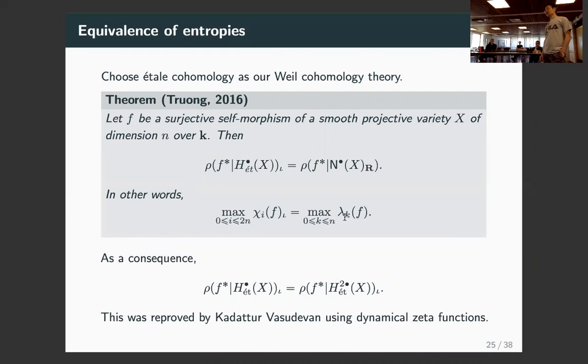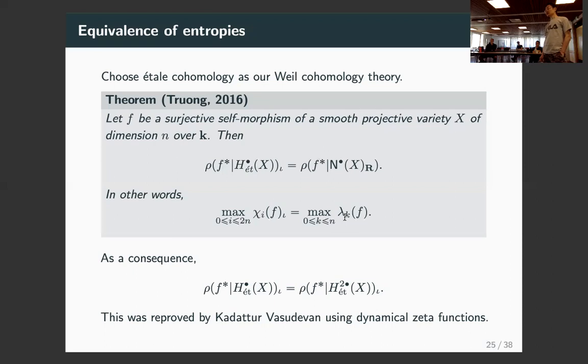He proved that the spectral radius of the pullback of this F on the total cohomology ring is the same as the spectral radius of this pullback on the algebraic cycles. Here, N dot X means the direct sum of N^k X for all k.